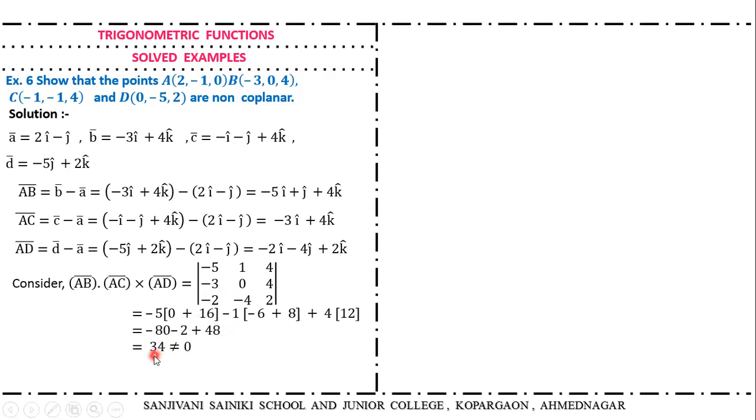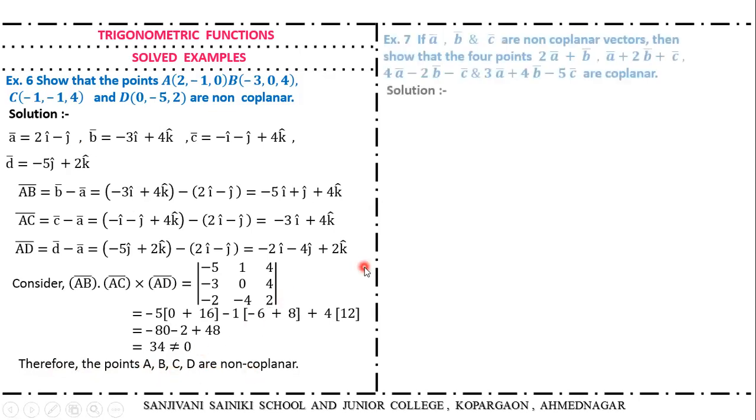Simplified, you get 34, which is not equal to 0. As the scalar triple product is not equal to 0, they are not coplanar. And as the vectors AB bar, AC bar, AD bar are non-coplanar, and the point A is common to them, therefore the points A, B, C, D are non-coplanar.